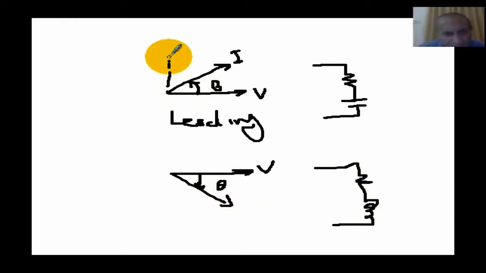Of course, if this becomes 90 degrees, we'll have 0 resistor and the net circuit is a capacitor. It's only a capacitor. And similarly here, if the angle becomes 90 degrees, there is no resistor, and the net circuit becomes a pure inductor.